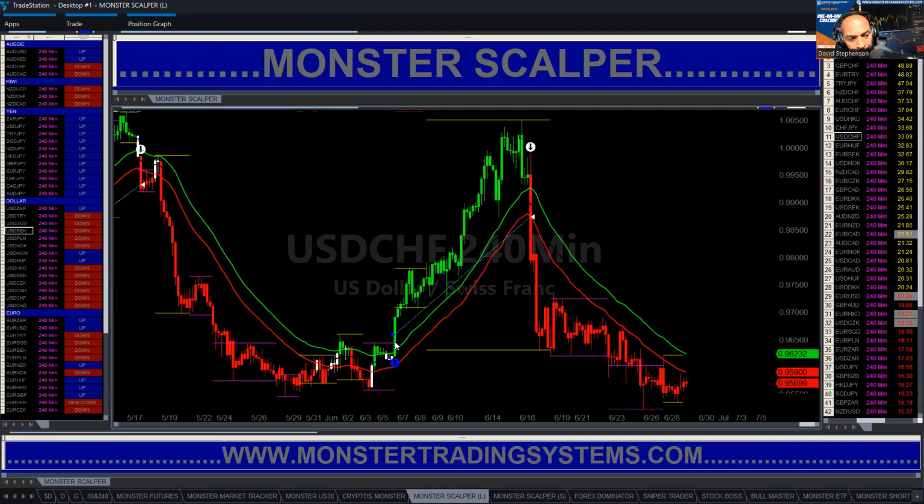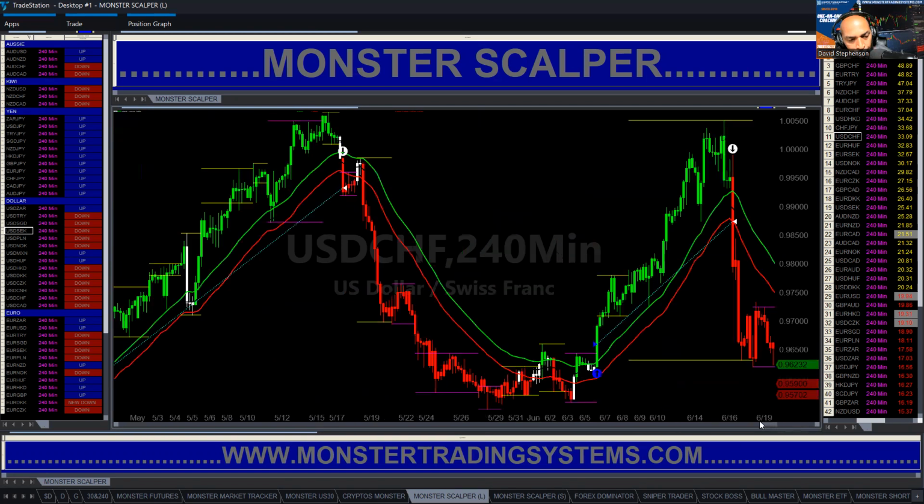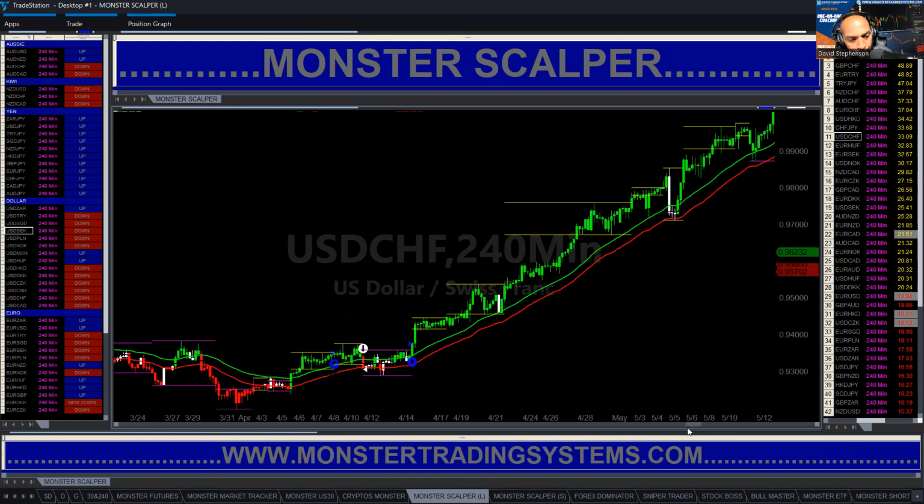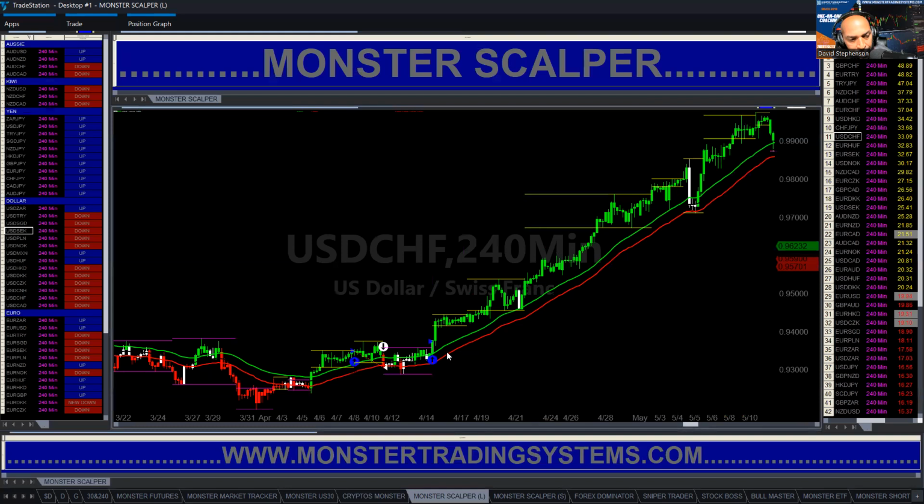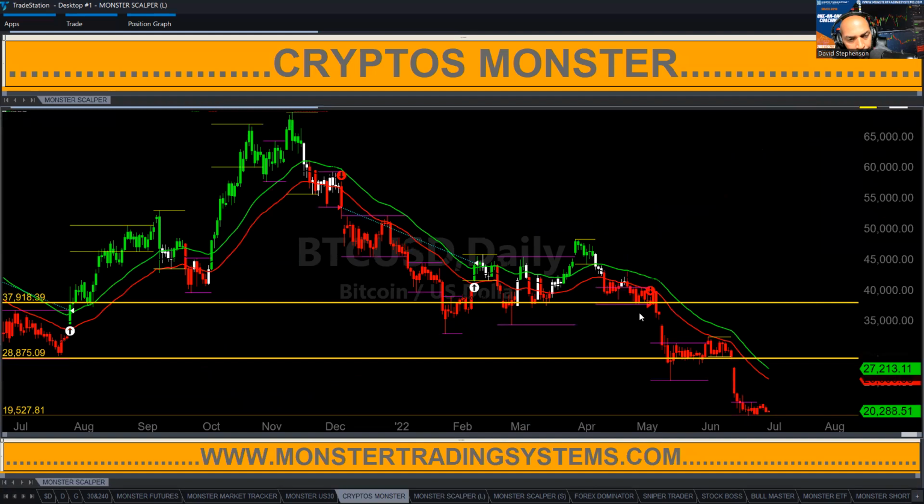Look what happened here when we broke resistance. Big buyers came in right here, big buying on that break of resistance. Look here, another break of resistance, a lot of buying came in. When the price breaks support, that's why we want to focus, guys, on support and resistance.